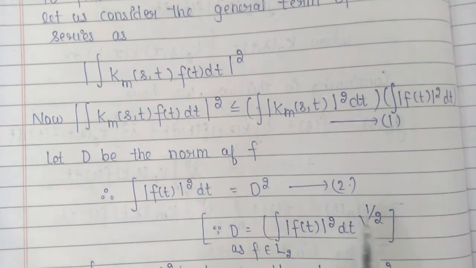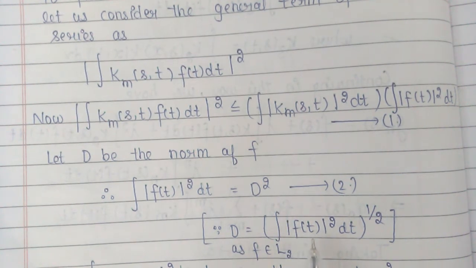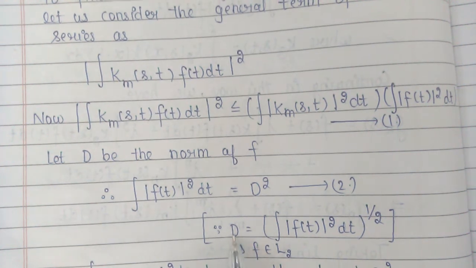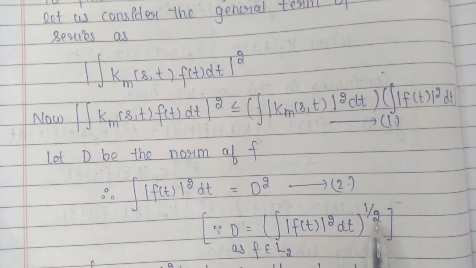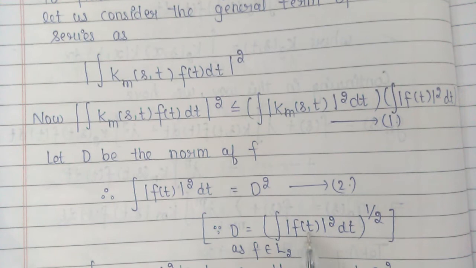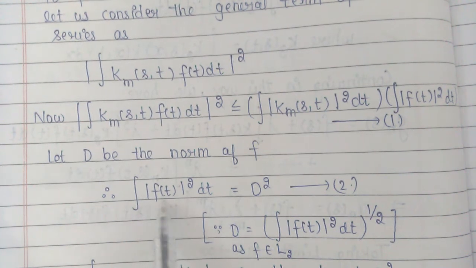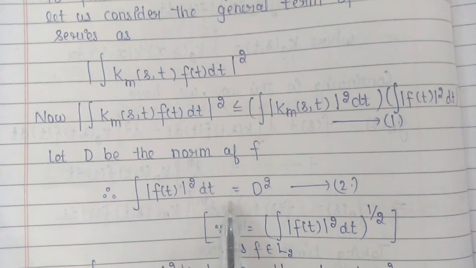Norm means the square root of the inner product of the function with its conjugate. So by the definition of norm, d is the square root of the integral of |f(t)|^2. Therefore d^2 will be the integral of |f(t)|^2 dt.